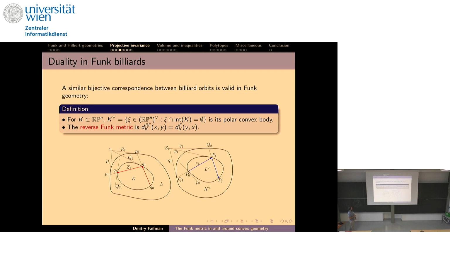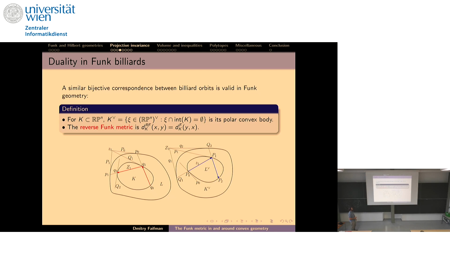And here's how the Funk billiard duality works. So you're going from Q0 in the direction of Q0. You hit Q1, and you should decide where you're reflected. So you transfer yourself to the dual space. All the time, you were actually standing at P0 because this is the direction you were traveling in.